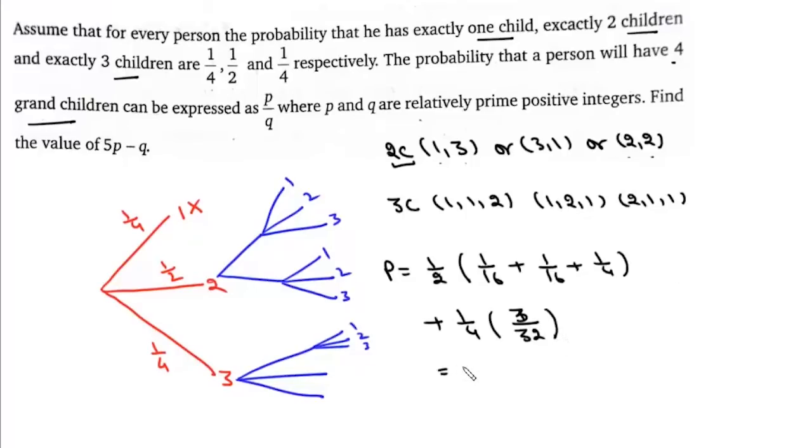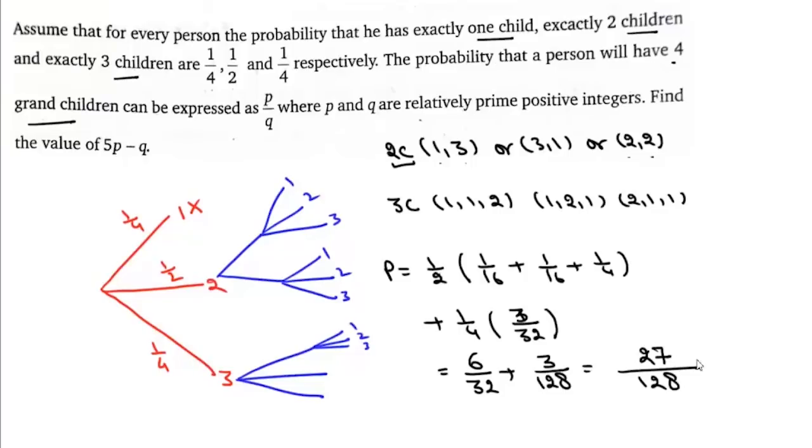So it will be 6/32 plus 3/128. Now we simplify this, it will be 27 upon 128.